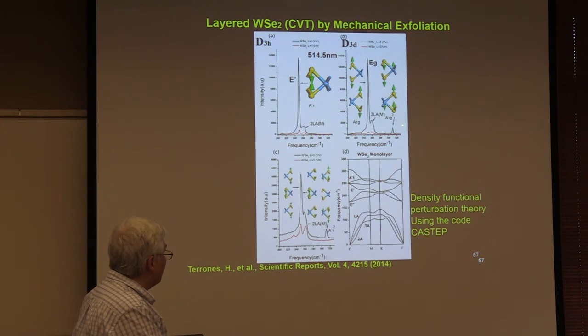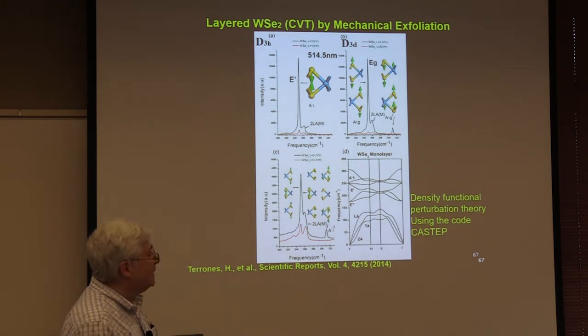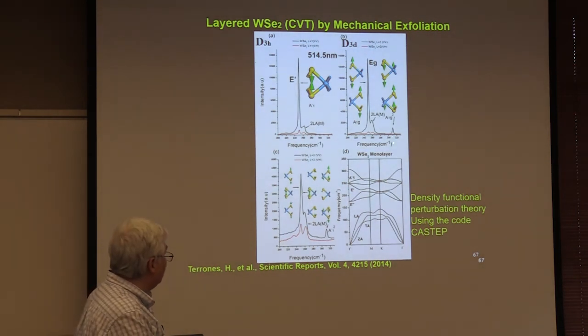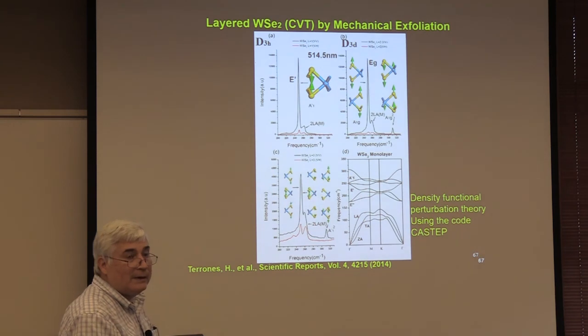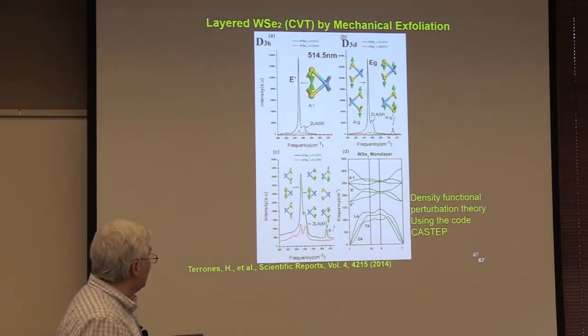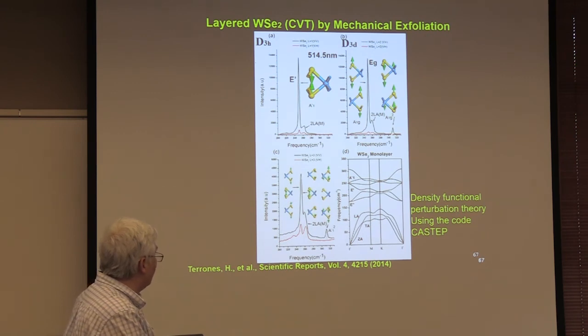But when you add more layers, this peak appears. I calculated several layers and found that even with 3 layers, this peak appears, but it is not there with the monolayer. So we explained this peak, and now people agree that this is a first order peak for few layers.